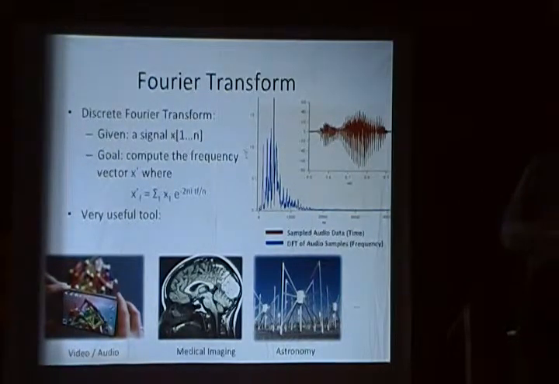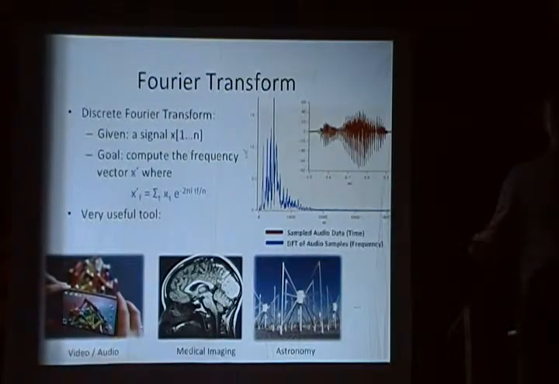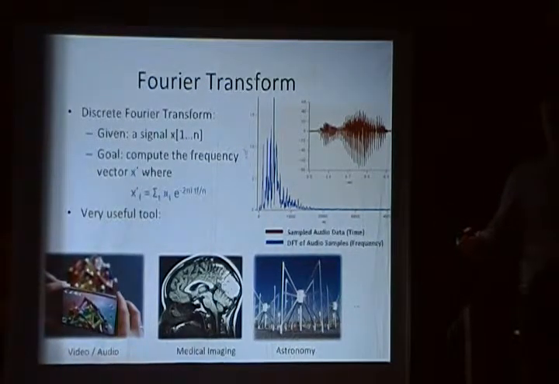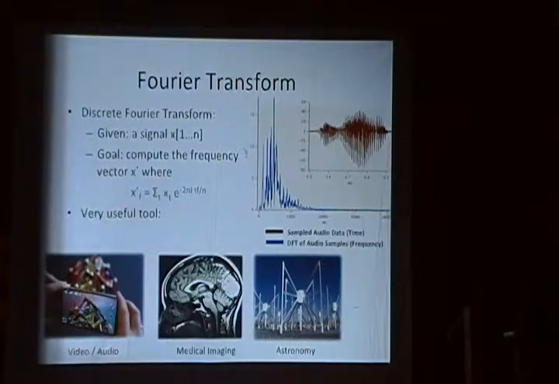If you have FFT, you can do convolution very quickly. If you have convolution, you can multiply two numbers very quickly, if the numbers are large. That's very useful in cryptography and many other applications. So the discrete Fourier transform is really the workhorse of not only signal processing but algorithms and other fields.